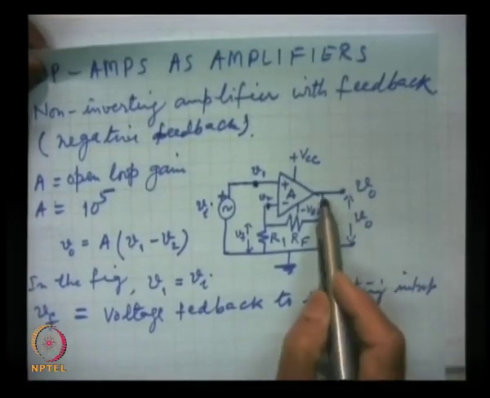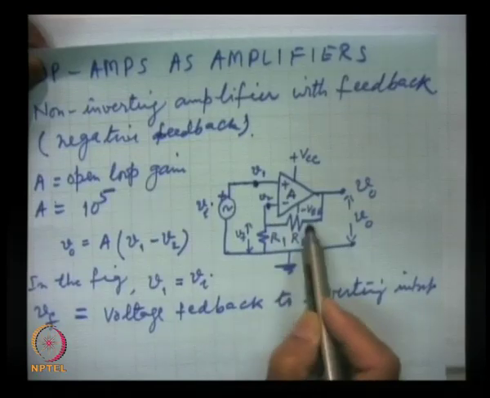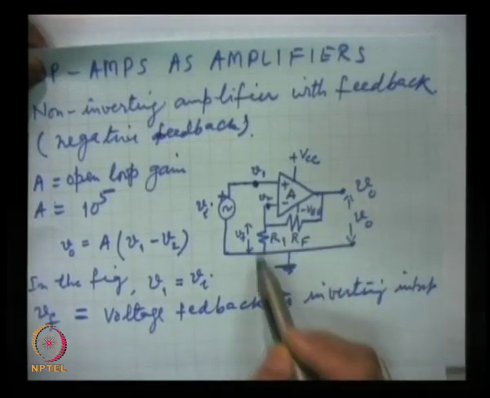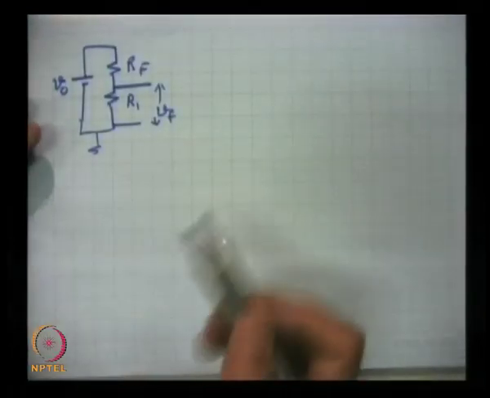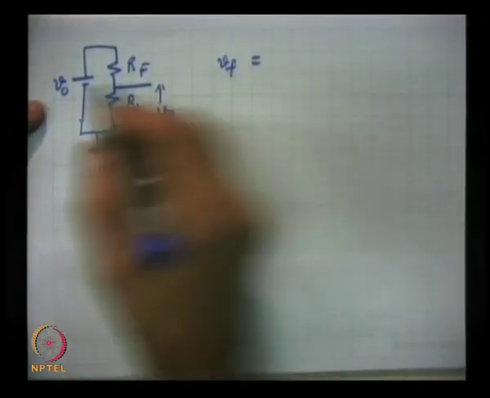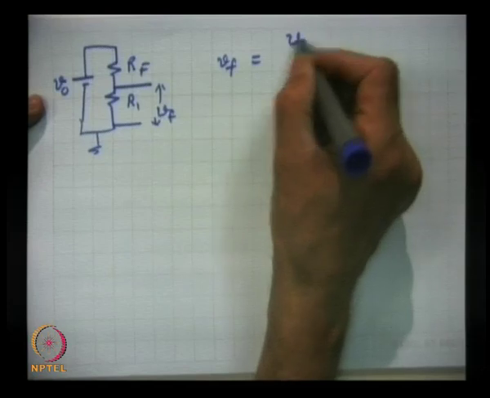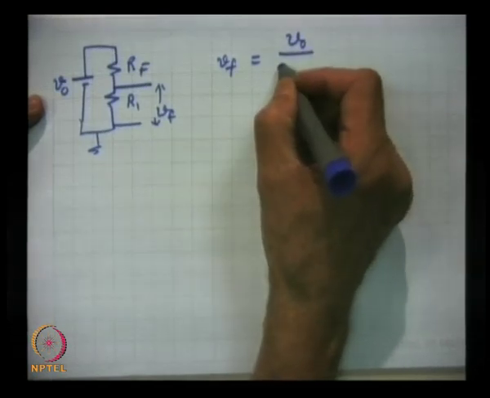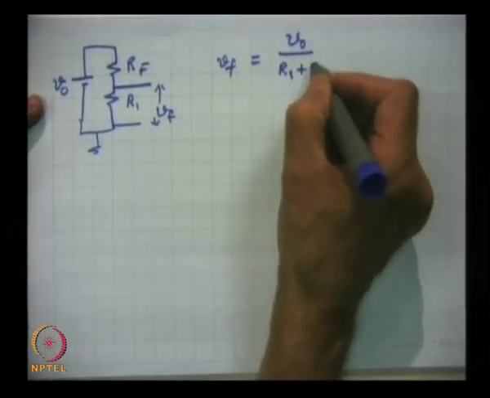These two resistances are dividing this voltage. How much will Vf be? The current will be V0 divided by R1 plus Rf.